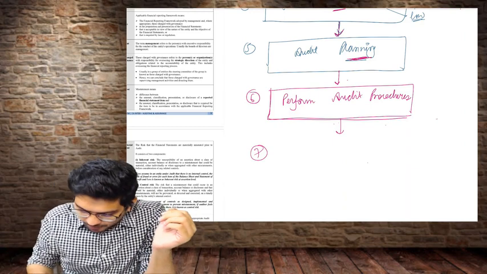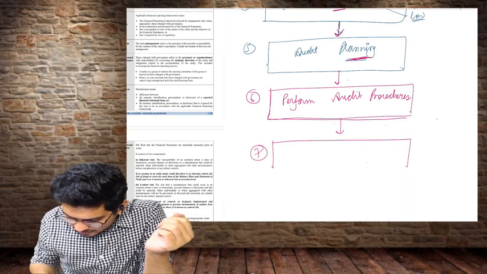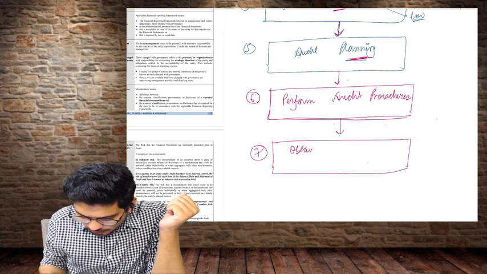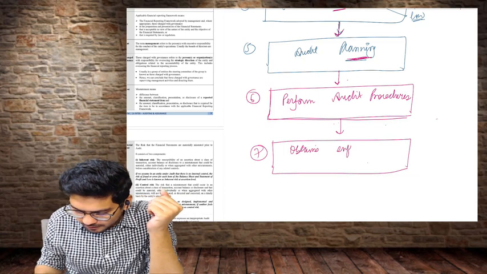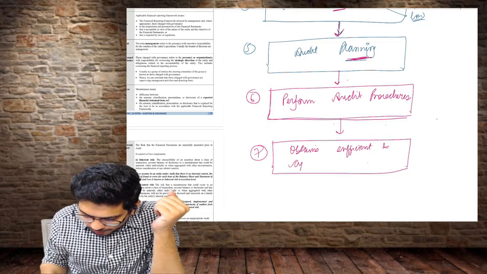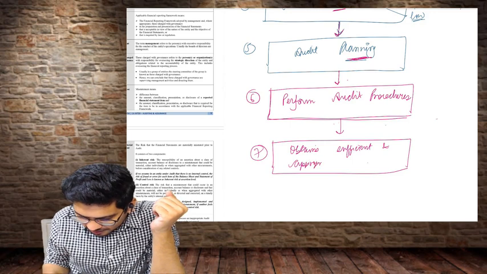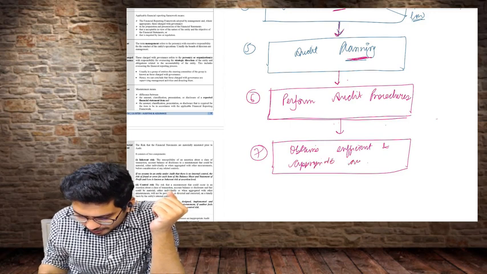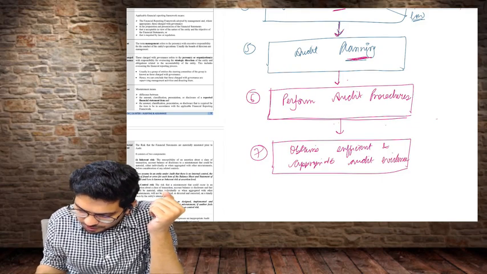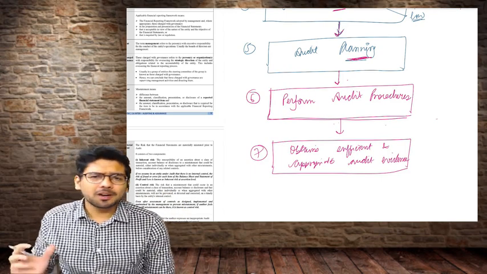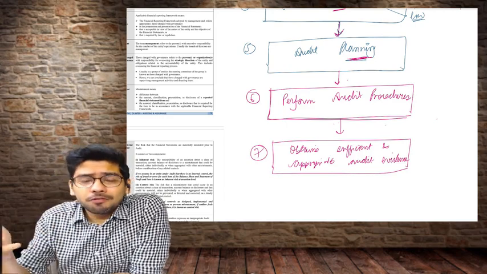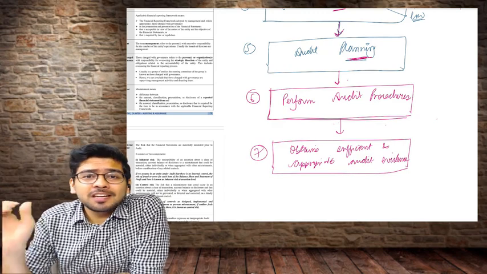Yes. I am yet to complete process number 6, but on application of audit procedures, the auditor obtains something which we call sufficient and appropriate audit evidence. What does it mean? I'll come to it later, but just remember that the outcome of application of audit procedures is audit evidence.